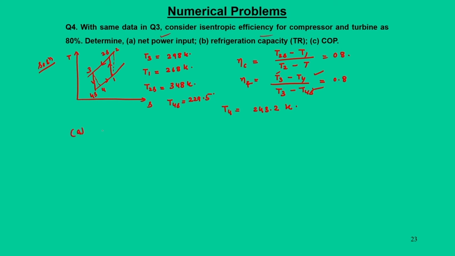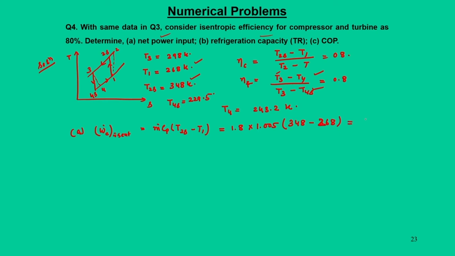So, first, W dot C, the isentropic compressor work, is m dot Cp (T2s minus T1), that is mass flow rate into Cp, 1.8 into 1.005 into (348 minus 268).